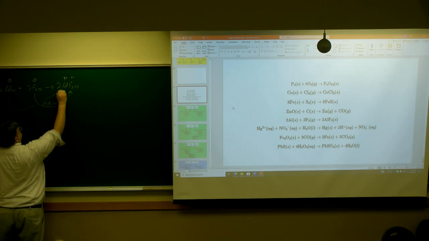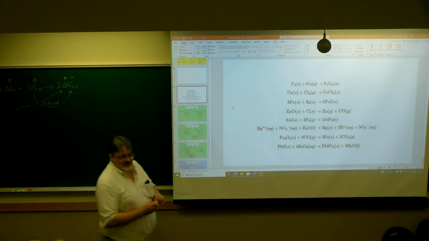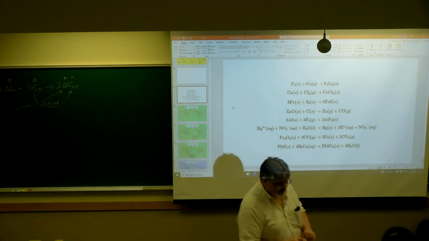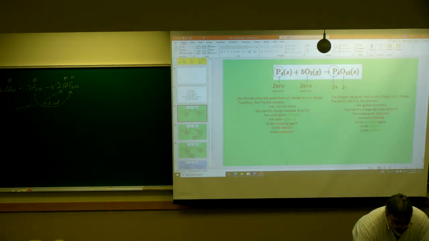Which means, so which one here is the oxidant? Fluorine. Yes, fluorine. The thing that's being reduced is the thing that causes oxidation. That's all these statements down here. Undergone oxidation.